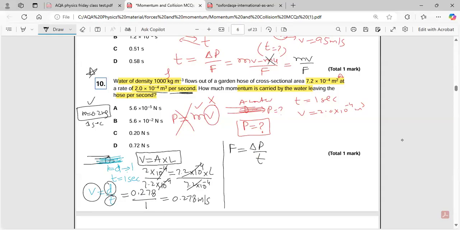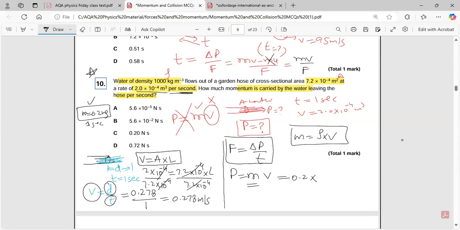Okay, once you found that, you can easily get your change in momentum. In fact, this is the formula, but we don't have to use this. You know that the momentum is equal to product of mass and velocity. So you have found mass using density into volume, and both were given.